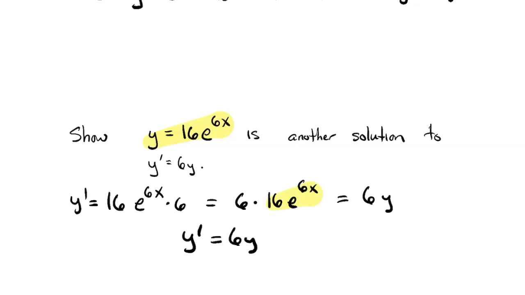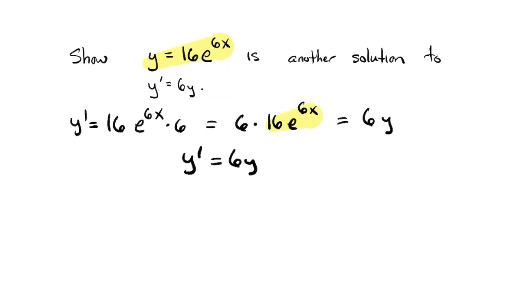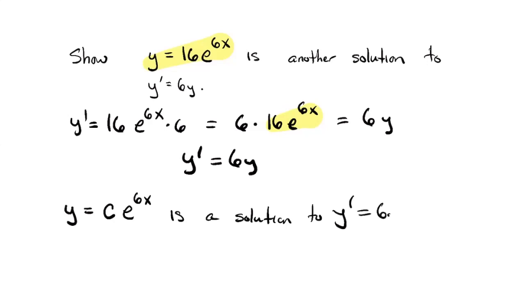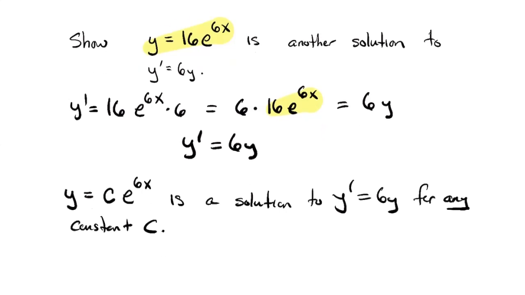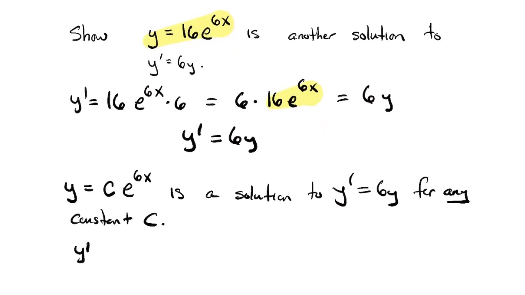All right. So more generally, we could take any constant, c, and multiply it by e to the 6x, and it's a solution to this differential equation, y prime is equal to 6y, for any constant c. Let's just verify it real quick. Y prime, differentiating, you leave the constant out front.